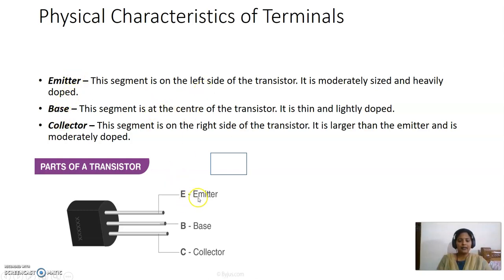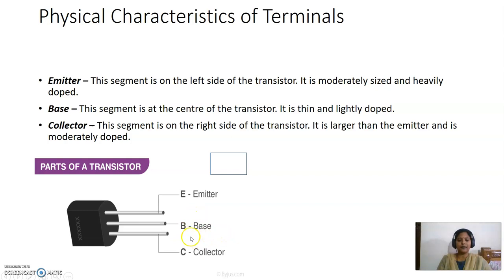The emitter, base, and collector can be differentiated in two ways, one in terms of size and the other in terms of doping. In terms of size, the emitter is moderate, the base is very thin, and the collector is very large.